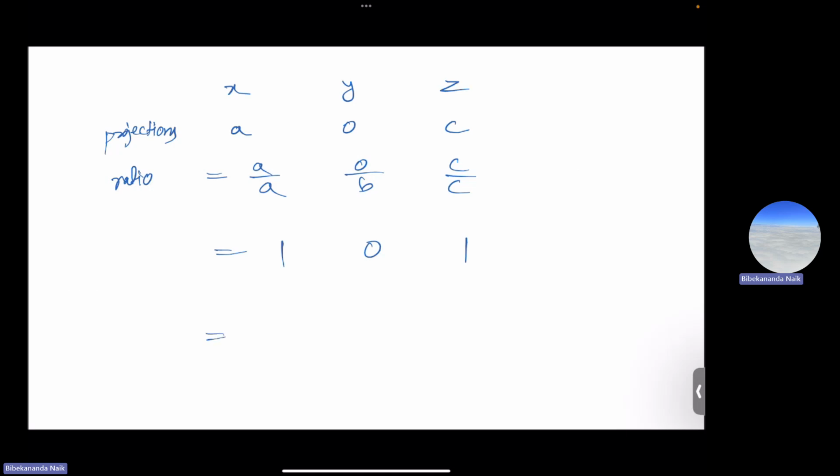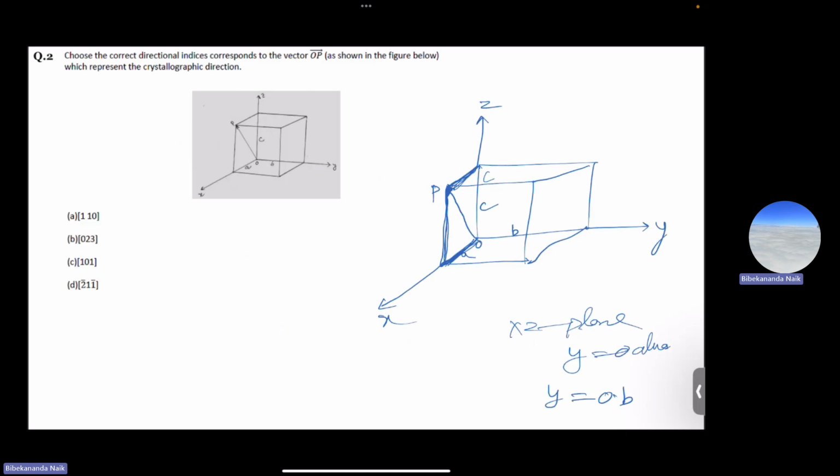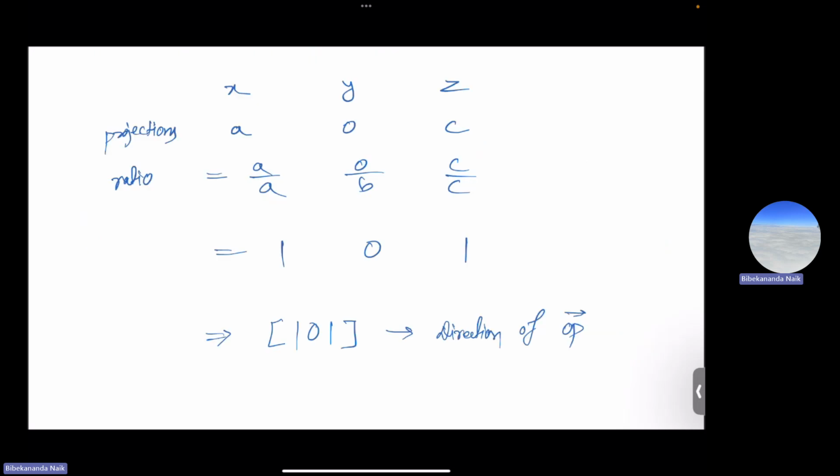Since they are already reduced to smallest numbers, it will be 1, 0, 1. Direction of OP vector. So the correct option will be 101, that's it, option C.